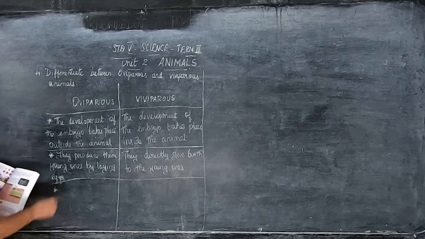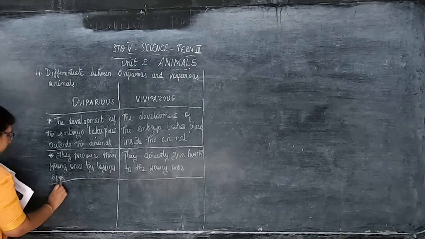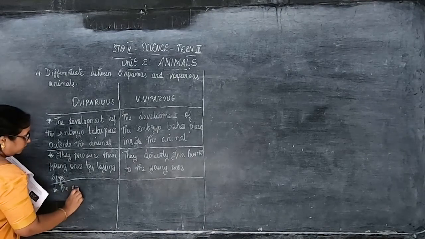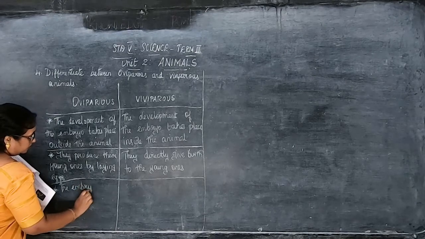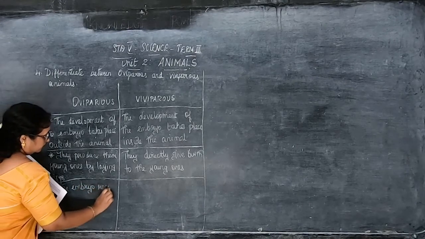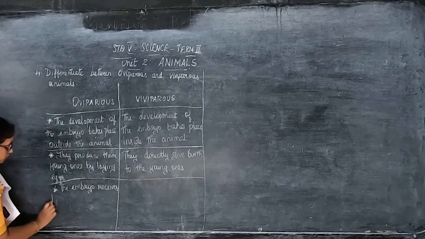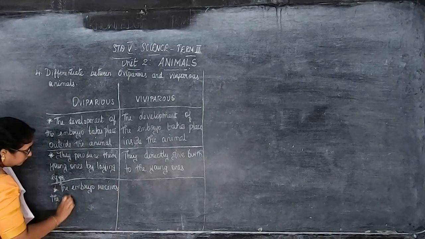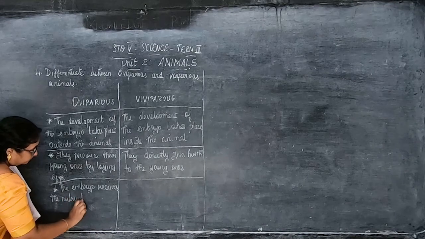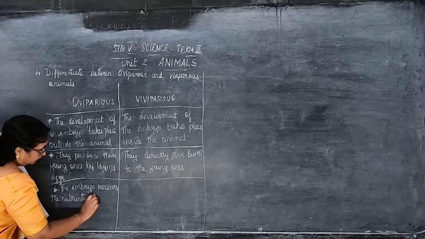Now next is third point. The embryo receives the nutrients from the egg yolk.